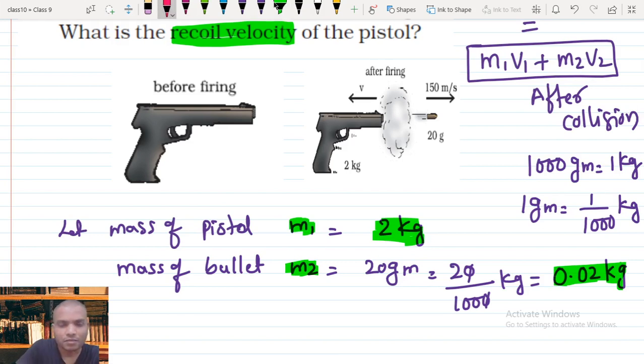Now before firing, the bullet is present inside the gun. So the bullet velocity is 0 and the gun velocity is also 0.